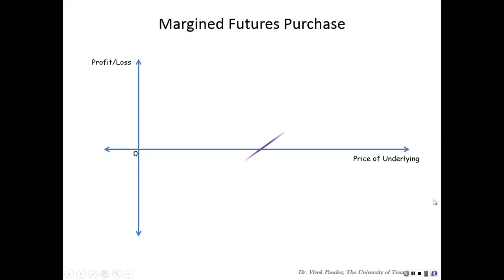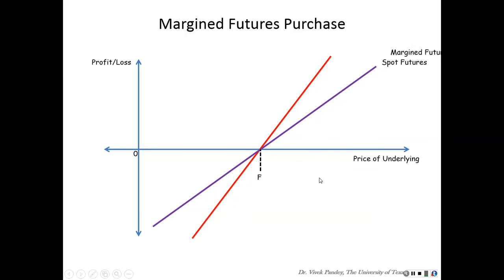Now, basically, most of the futures contracts are heavily margined, because you have to put up a little bit of money in the margin account, which will be marked to the market every day. But that's typically 5-10% of the total dollar value of the contract, right?